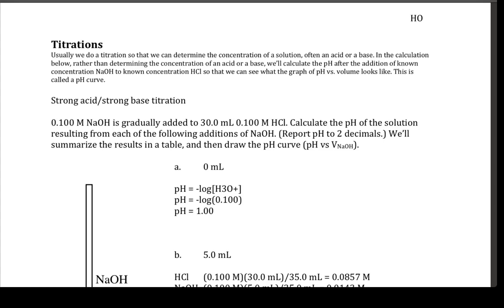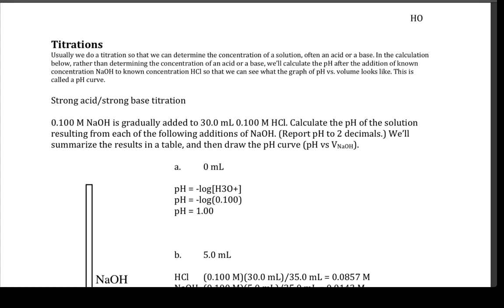So we're going to do a titration, but not as we might have done in a chem lab. This is a little bit different because we know the concentrations of the acid and the base.